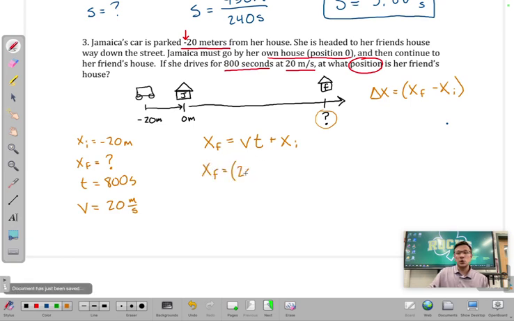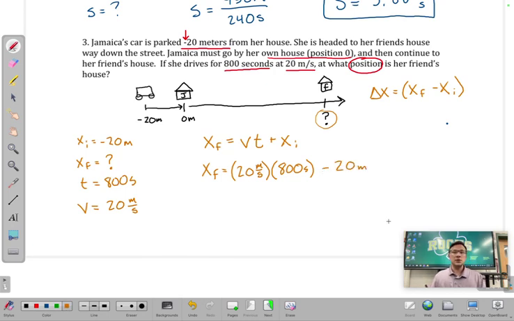The speed is 20 meters per second. We need to multiply that by 800 seconds of time. And then we're going to add her initial position. Now, her initial position is a negative number, so you can either write this as plus negative 20 meters, something like that. Or if you recognize that that is a negative number, you could just say minus 20 meters.